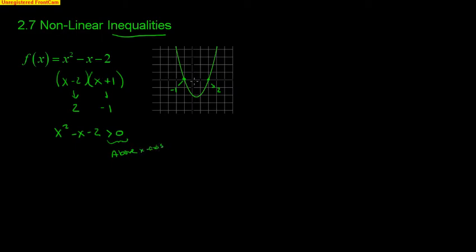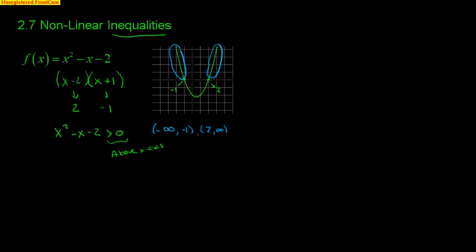If we look at the picture, everywhere here we are above the x-axis, and everywhere here we are above the x-axis. So interval-wise, reading left to right, this graph is above the x-axis from negative infinity up to negative 1, and from 2 to positive infinity. So that's where we'd be greater than 0.